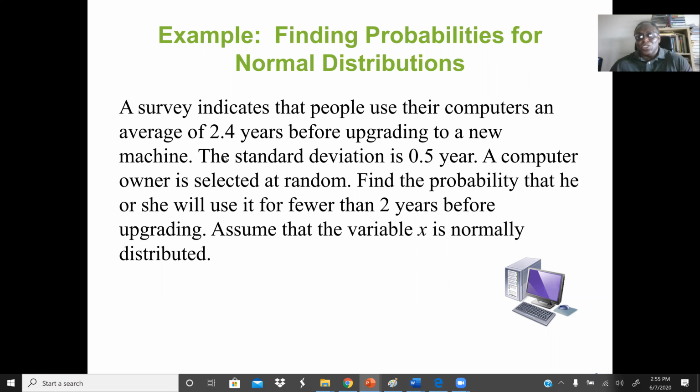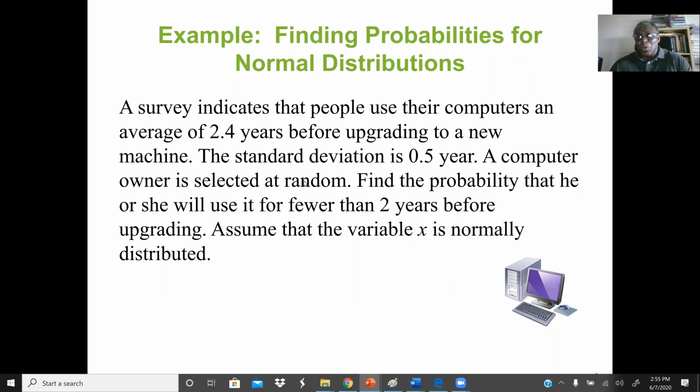The standard deviation of this data set was 0.5 year. A computer owner is selected at random. Find the probability that he or she will use it for fewer than 2 years before upgrading.